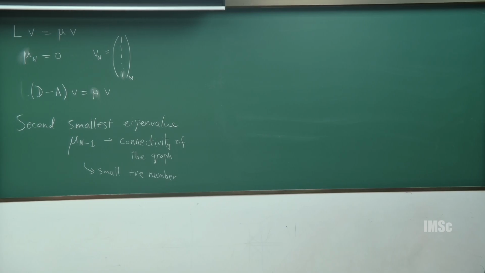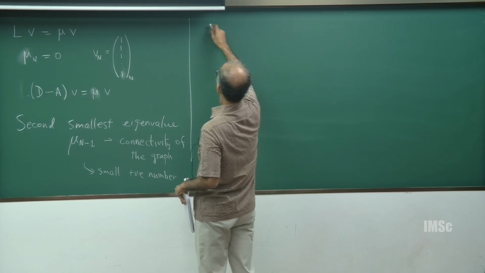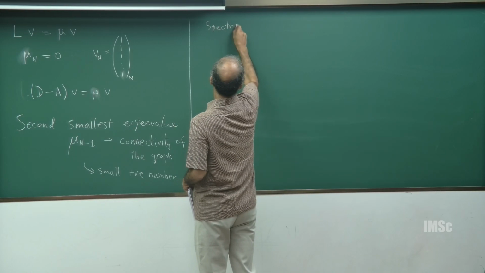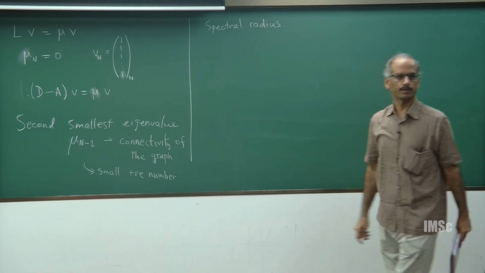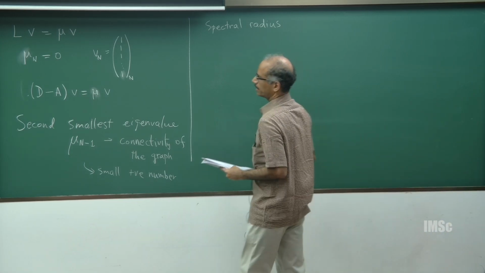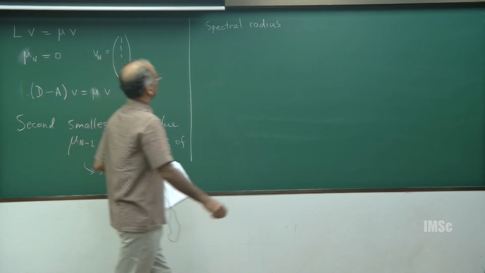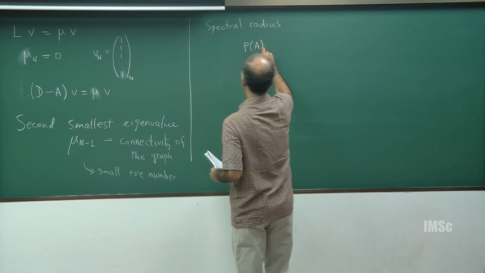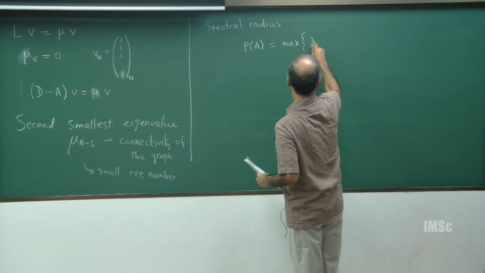Okay, I will skip the part about minimizing this, and the third one that is of interest to us is what is called the spectral radius, which is a more fancy term for simply the largest eigenvalue in magnitude. So now I go back to this adjacency matrix A, and rho of A, which is the spectral radius, is simply the maximum of this set of eigenvalues.